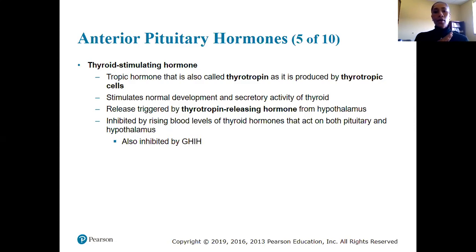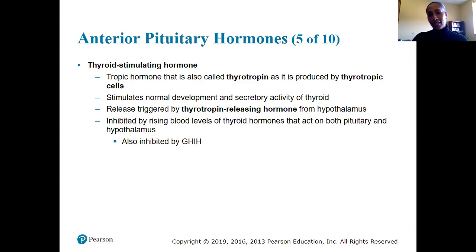This is a hormone that is going to stimulate normal development and secretion of our thyroid gland. So this one is pretty simple because it's like thyroid stimulating hormone. It should probably go to the thyroid gland, right? Right. So when we are stimulating the release of TSH, the release will be triggered by a thyrotropin releasing hormone from the hypothalamus.